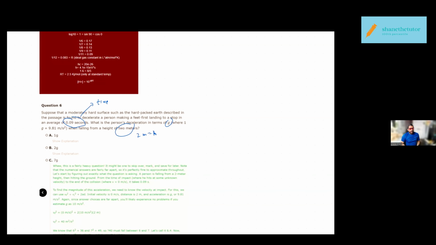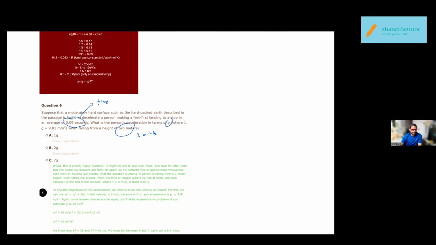Okay, now this person is jumping and landing on some type of ground, right? So we can treat this as something that is falling. The person that's jumping essentially is falling down as the person hits the ground. So we can treat this as a projectile.